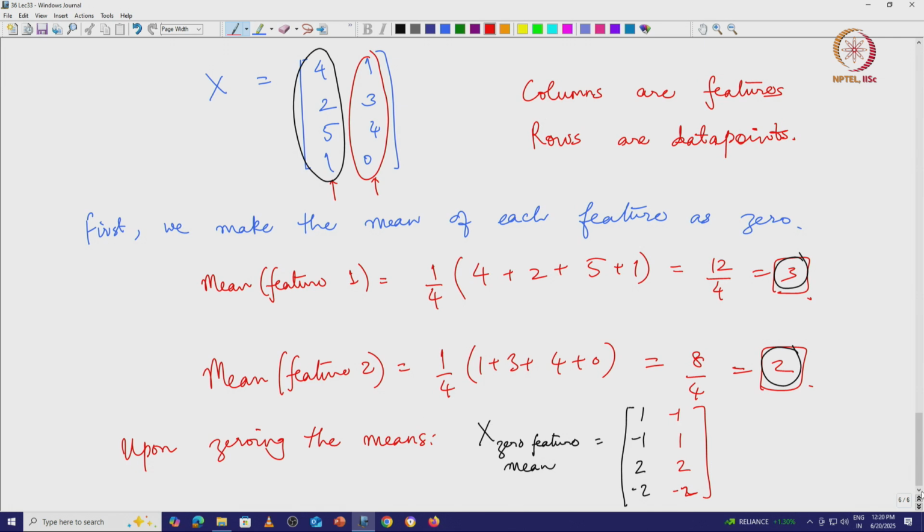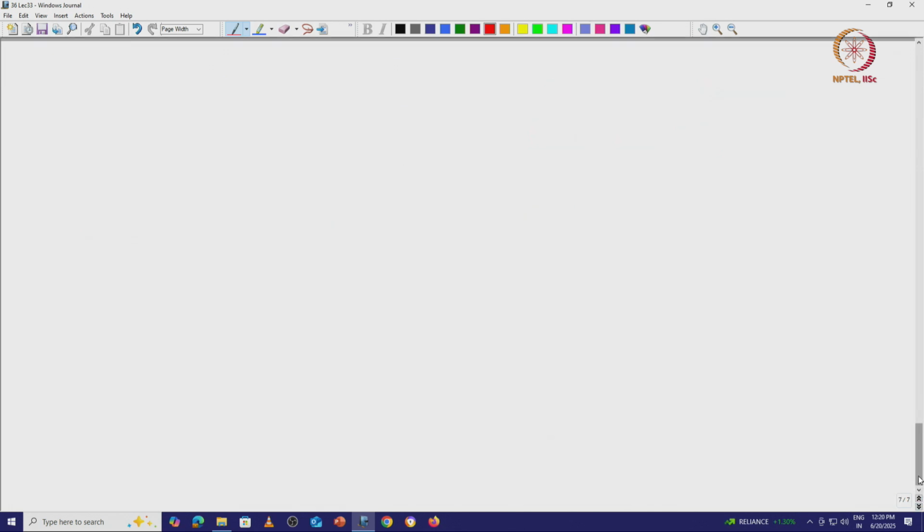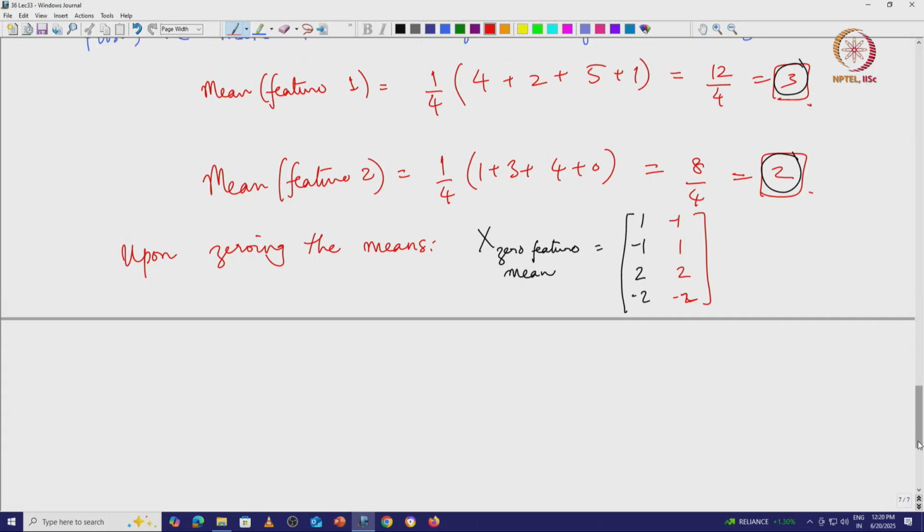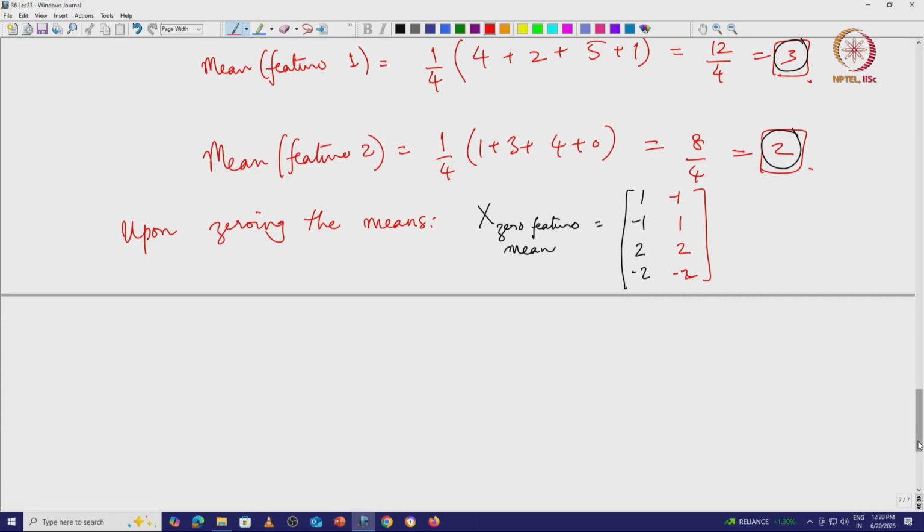Okay. Now for simplicity, like I said, I am going to omit the part wherein we make the variances 1, because that will introduce some other mathematical factors, but typically that is recommended. So instead what I will do is just compute the covariance matrix. The covariance of X, you know, is 1 over n minus 1 times X transpose X, and here n is 4.